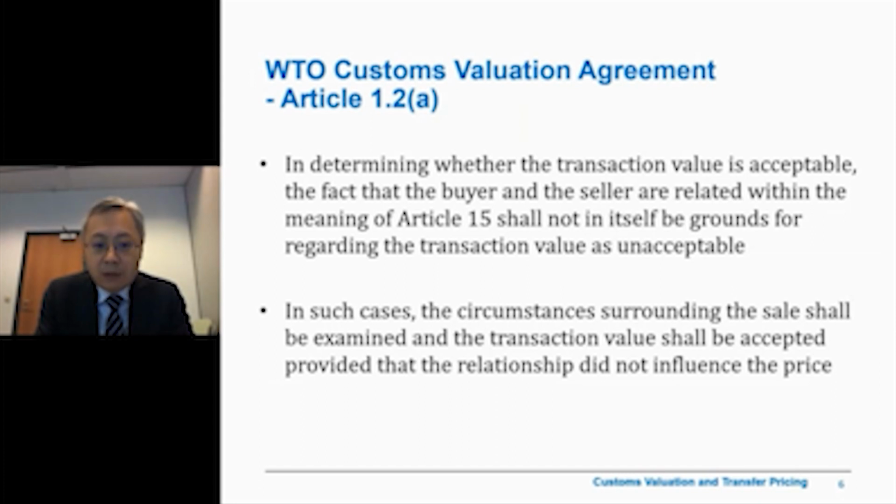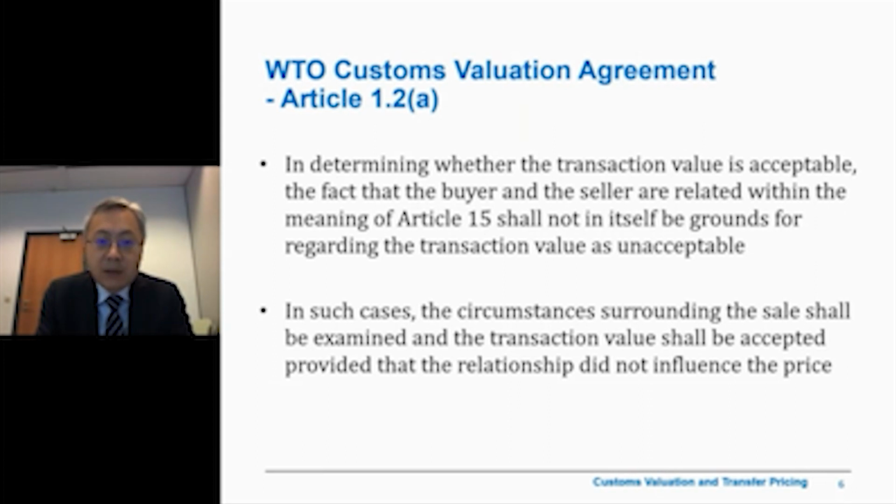I think you have learned that, according to the agreement, whenever possible, the customs value should be the transaction value of the goods being valued. That is the price actually paid or payable for the goods when sold for export to the country of import. And you may notice that there are some certain conditions listed in Article 1 of the agreement.